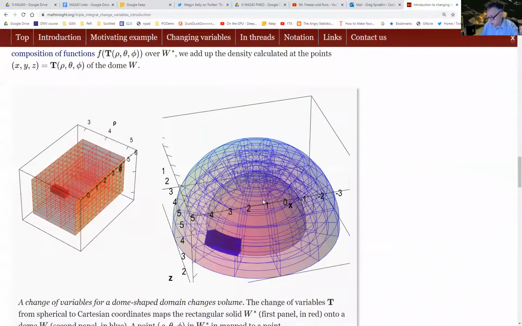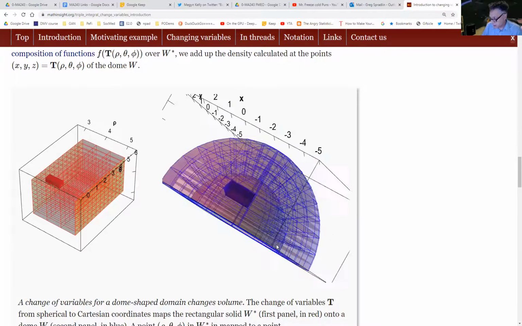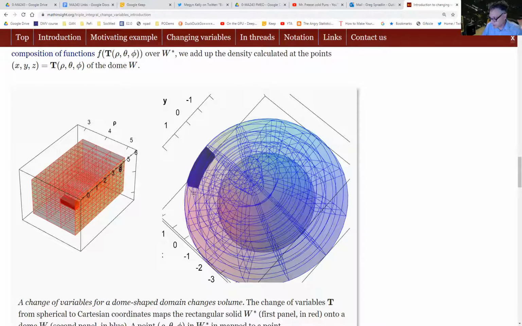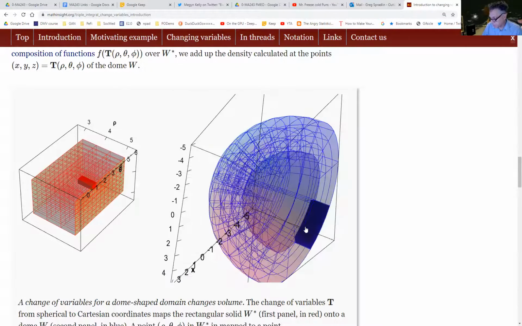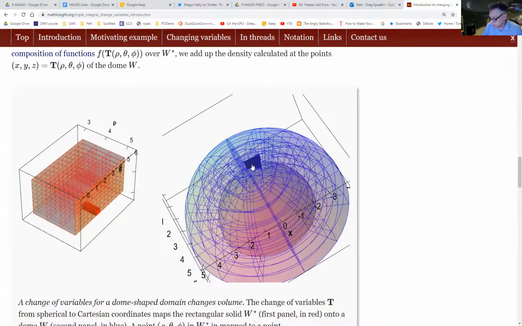Now on the right, it's been subdivided into lots of little spherical boxes. And you can see they have different volumes. The ones farther from the origin are larger in volume. But they also get smaller near the North Pole and larger near the equator.